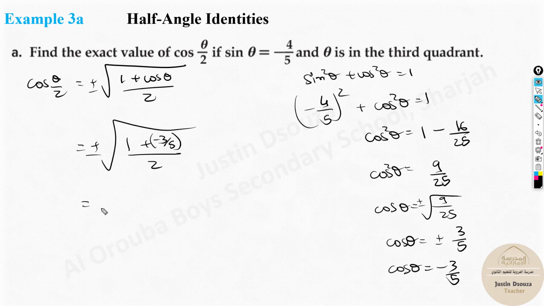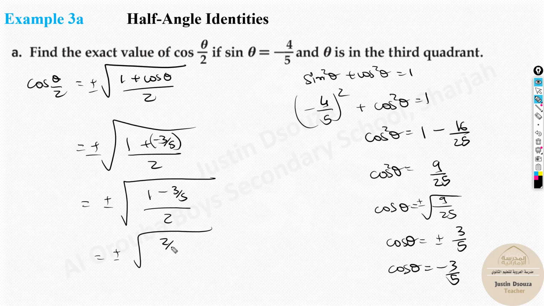You can just put this in the calculator and you'll get the answer. It's plus or minus the square root, but here you will have to solve it. 1 minus 3/5. Again, you can easily solve the fractions. 3/5 is taken out of a whole, so you're remaining with only 2/5 divided by 2. Now you can cancel 2 and 2.